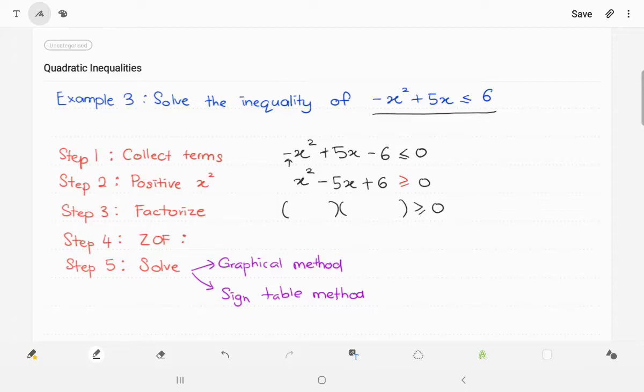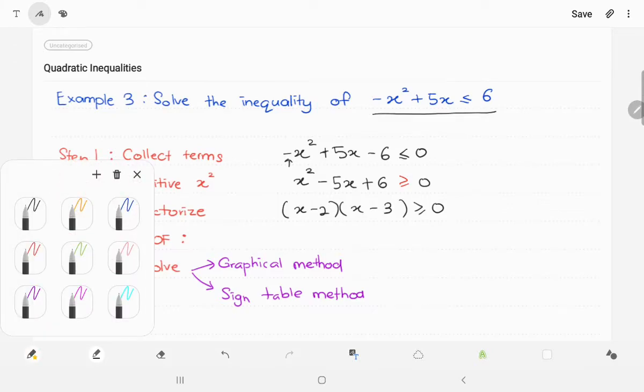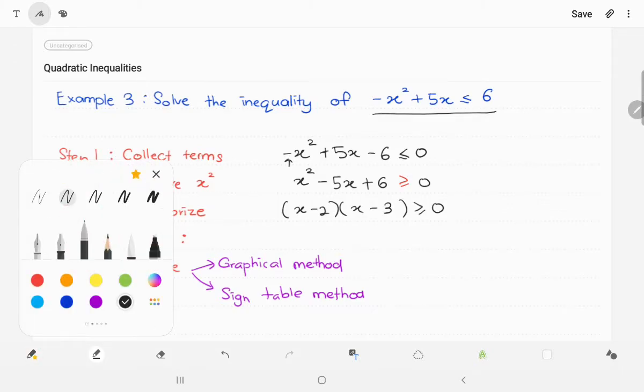Okay, so then we continue to step number 3, factorize. So what do you get? You can just use your calculator and you find x minus 2 times x minus 3. Okay, after you have factorized, now you need to find the ZOF. What is ZOF? Let me highlight this.